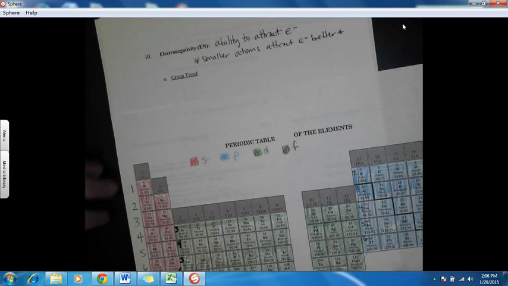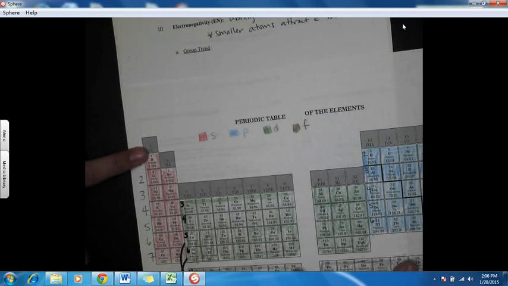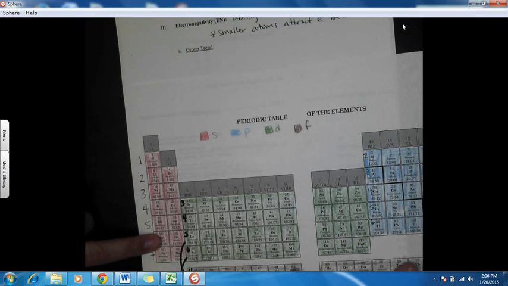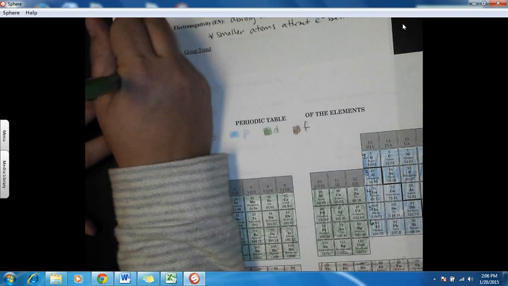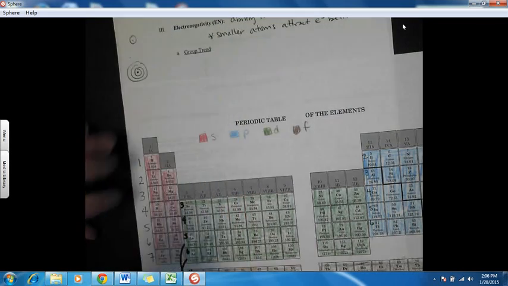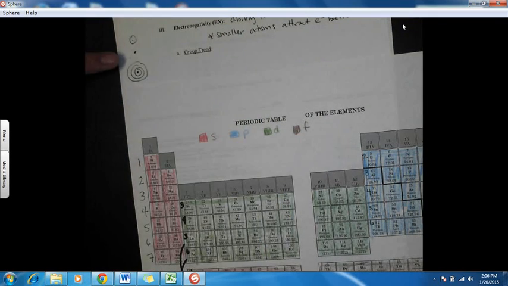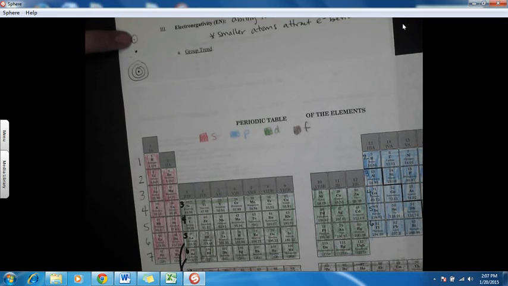Okay? So within the group, remember atoms get larger as we go down. So as we go down, if it's a large atom, that nucleus is what we call being shielded. Their nucleus is here, and so you have 3 energy levels as compared to 1. And I have this electron sitting out here. The one that's going to be able to attract it the best is the one that has less energy levels to get through in order for that electron to feel those positive protons.